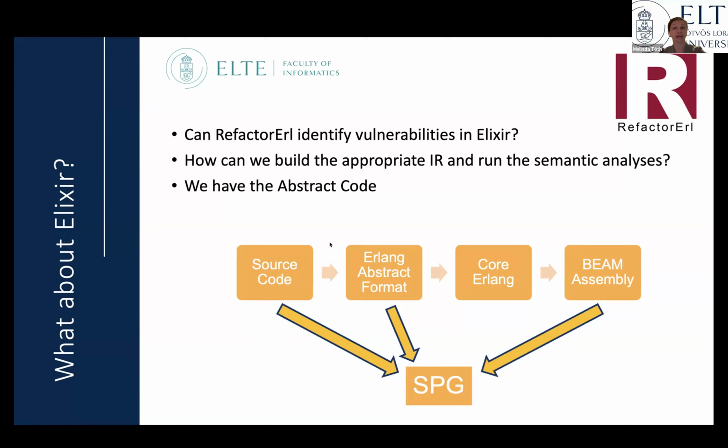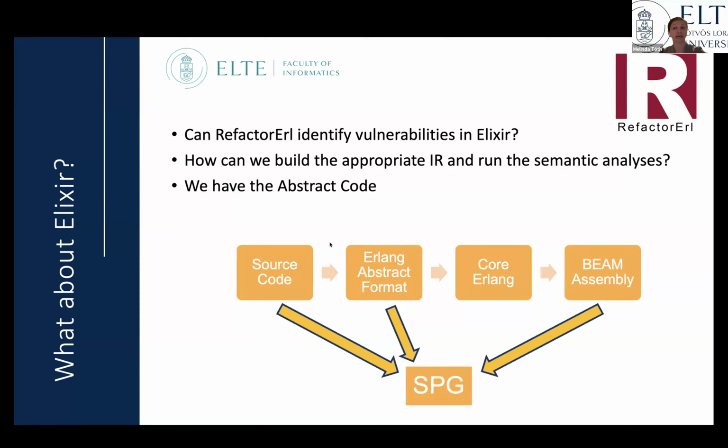take the compiled Elixir application, read the abstract code from the compiled Beam files, and actually take that syntax tree and map that syntax tree to the RefactorErl syntax tree. So basically, we drop the lexical and syntactic analysis of RefactorErl.